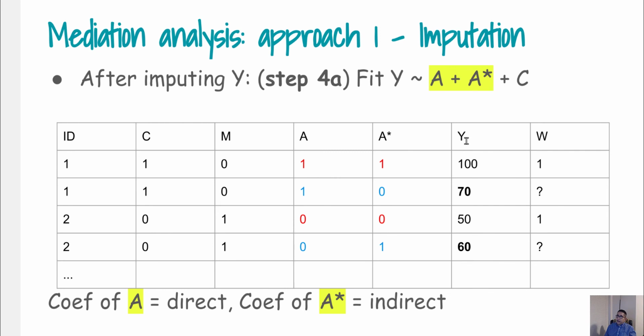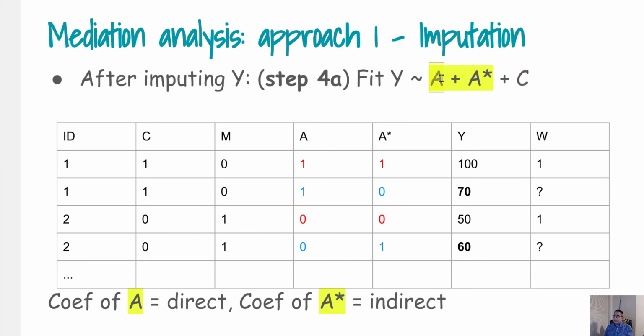So once we have our complete Y values, right, then we fit our final model in the entire data set. And what is the final model? Our final model is Y is the outcome. We have A and A star, and we adjust for the confounding variable C. What does that mean?